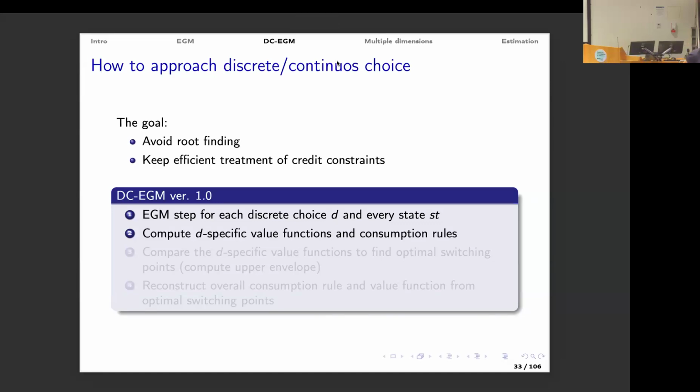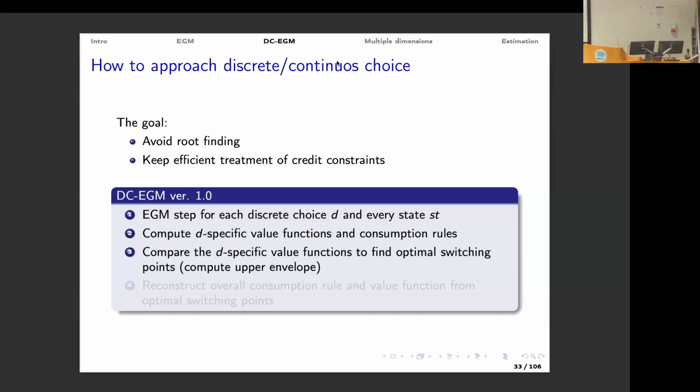We can compute the D-specific value function and the consumption rule. So this is where it becomes important to also compute the value function corresponding to this discrete choice on which we conditioned. And then we can compare these value functions, right? These are the value functions that Bob called conditional and Bertel called choice specific.